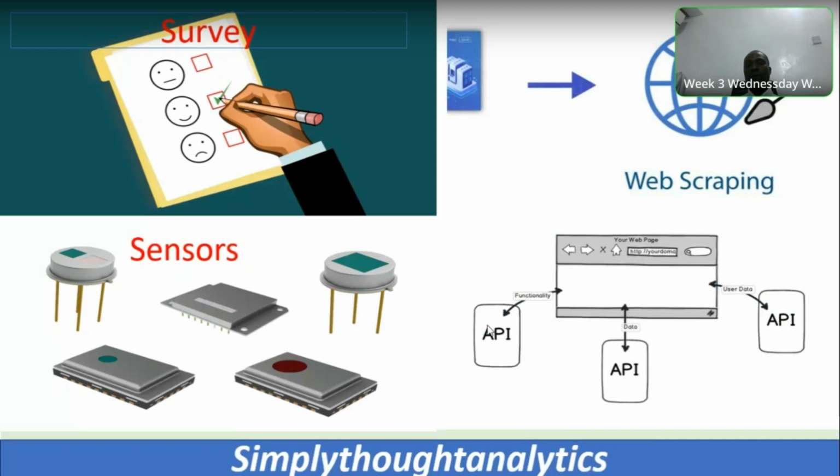Now, we also use API. API means application programming interface, and it's like a key between different softwares. For example, if you have an organization who have a lot of data in their database, and then another organization wants to access some of the data.